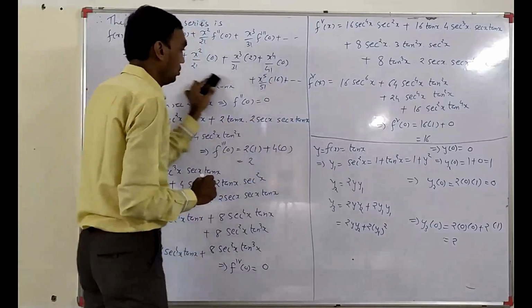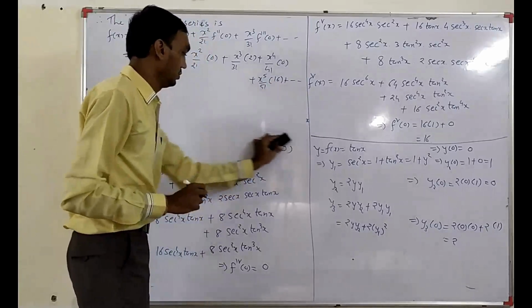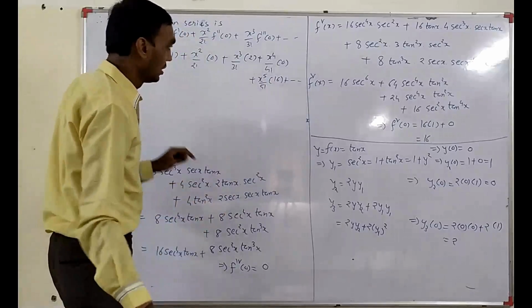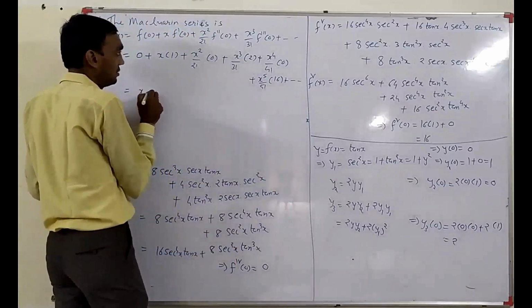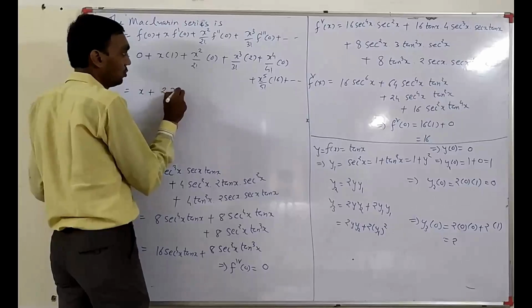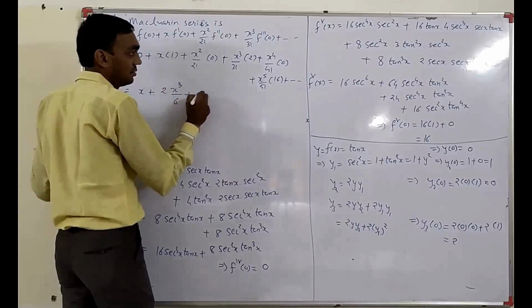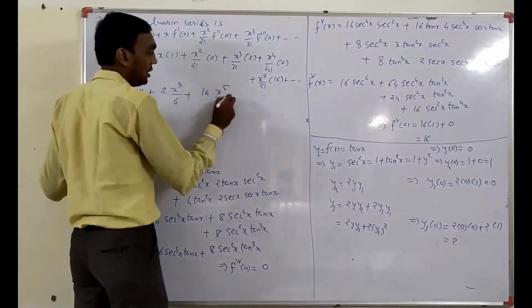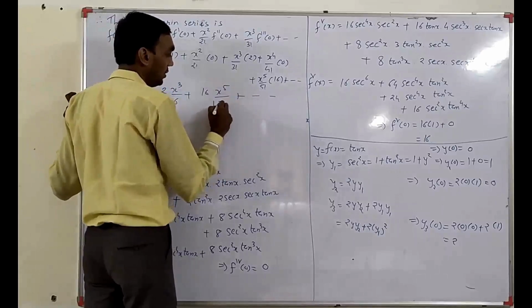Okay, so simplifying all these terms, that will give you x plus 2x cubed by 6 plus 16x raised to 5 upon 5 factorial, which is 120.